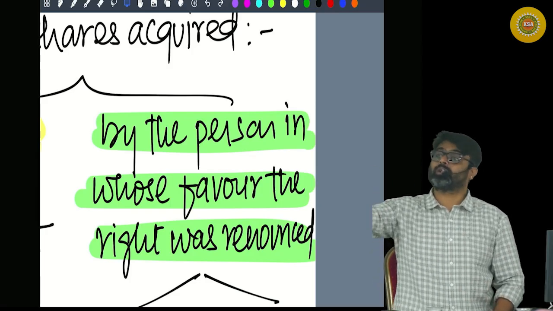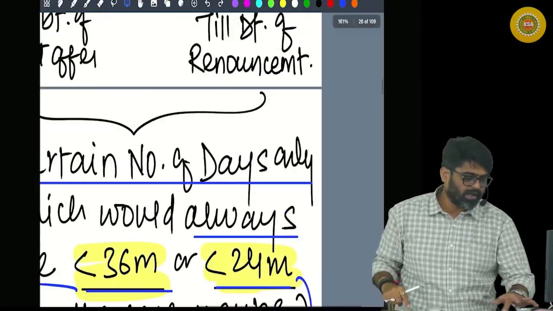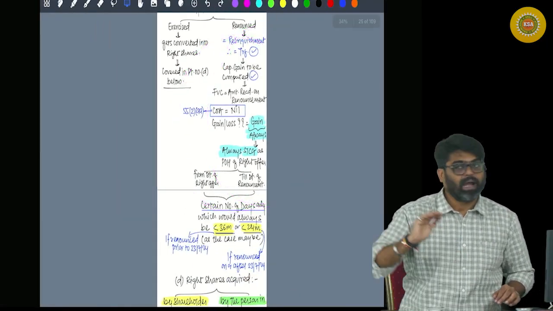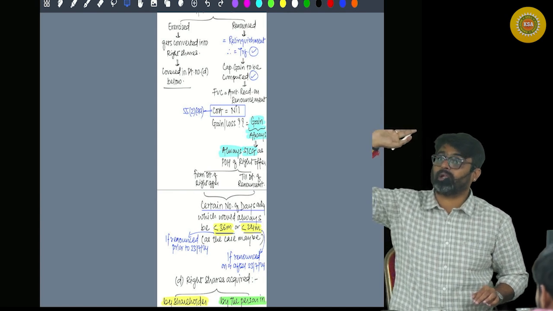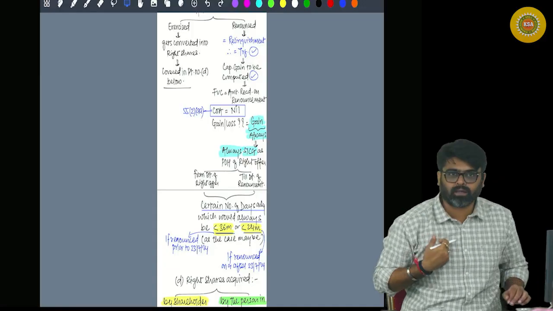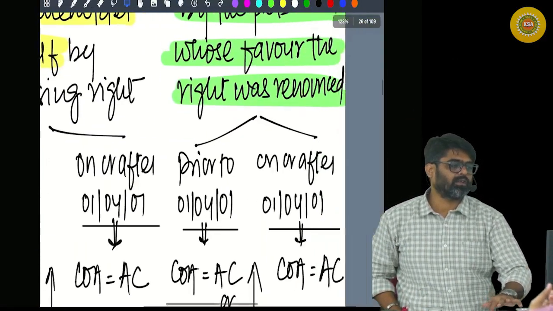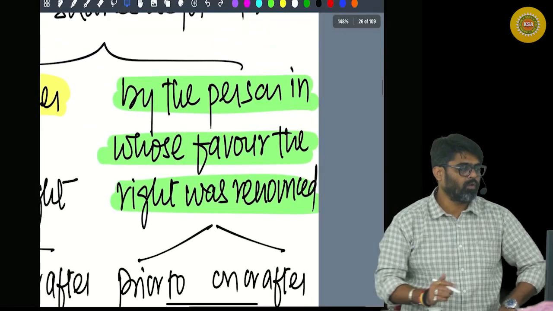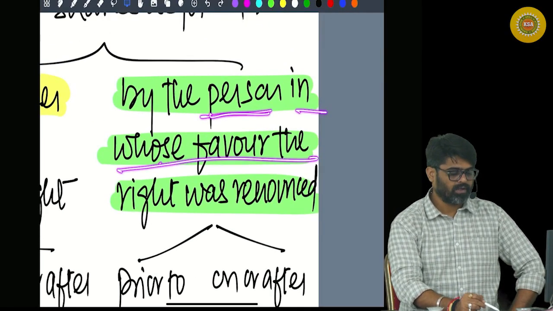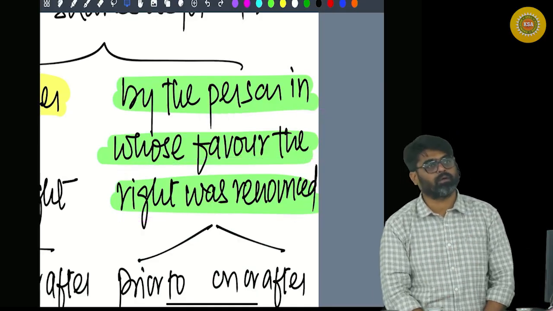If you did not exercise the right and renounced it, for you the capital gain was calculated on renouncement of the right. Now the right came to me. Will I exercise the right? Can I buy the right shares from the company now?